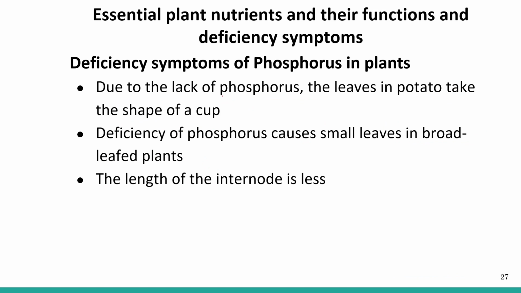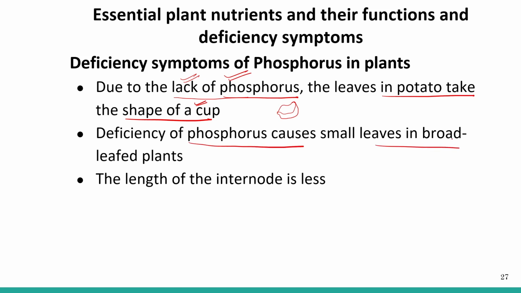Due to the lack of phosphorus, the leaves in potato take the shape of a cup. Very important. They curl and become cup-shaped. This is one of the symptoms that can be seen in potato plants due to the lack of phosphorus. Deficiency of phosphorus causes small leaves in broad-leaved plants.